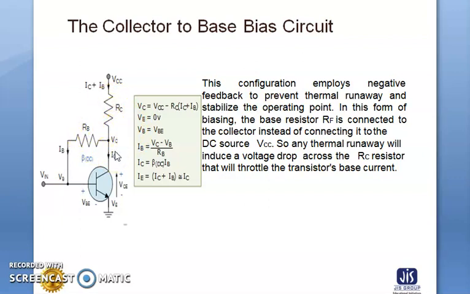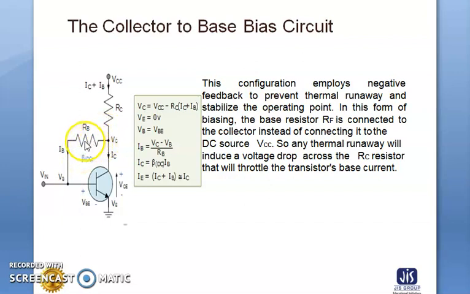The collector to base feedback configuration ensures that the transistor is always biased in the active region, regardless of the beta value. The DC base bias voltage is derived from the collector voltage VC.